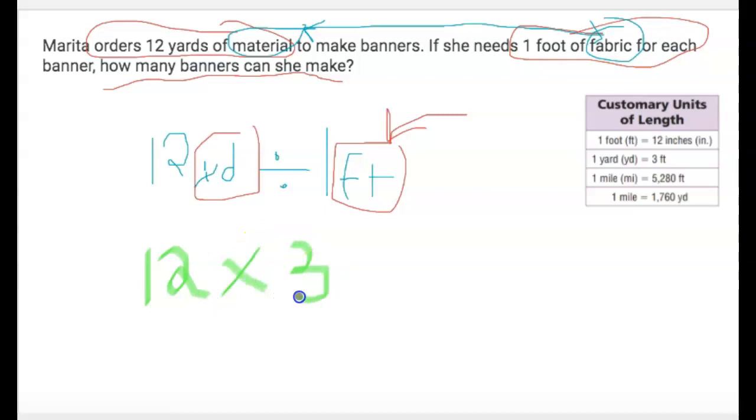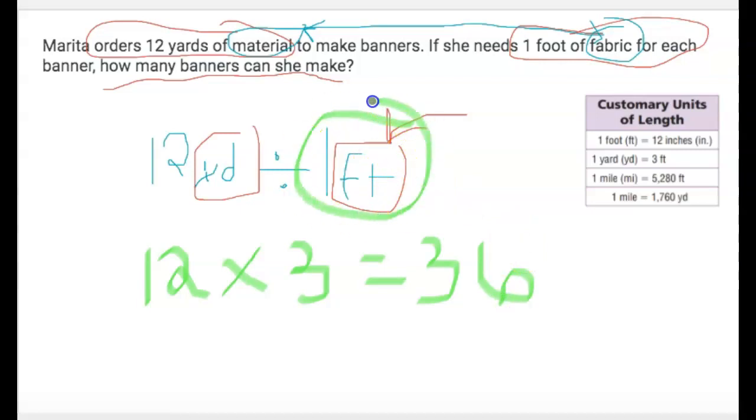In order to figure out how many feet I have, I'm going to have to do 12 times 3, which is 36. So if 12 yards is 36 feet, and she needs 1 foot to make a banner, she can make 36 banners. So our answer would be 36.